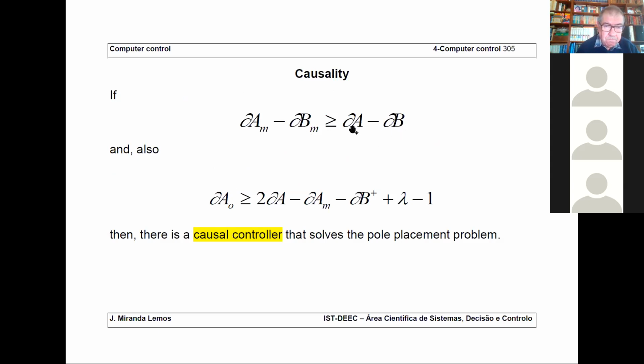So in closed loop, you cannot decrease the excess of poles over zeros. That's what I mean. And this will impose some constraint on the number of zeros. Furthermore, and this comes from causality of the controller.